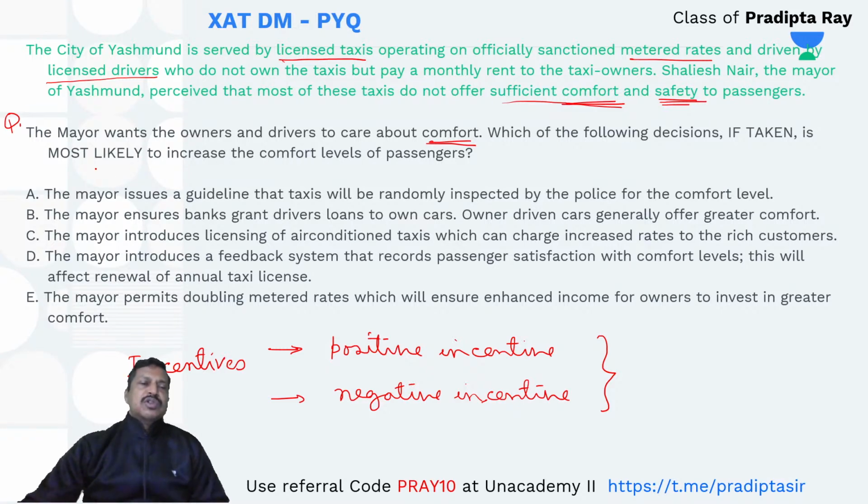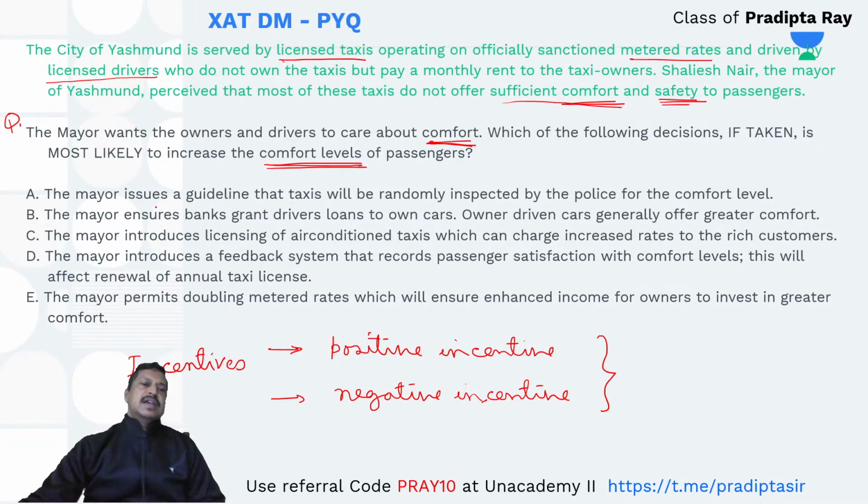First, Mayor, remember, what is the agenda? Mayor wants the owner and drivers to take care of the comfort. So the question is comfort as of now. To increase the comfort level of the passengers. Please remember, we are talking about comfort. So what decision has to be taken?